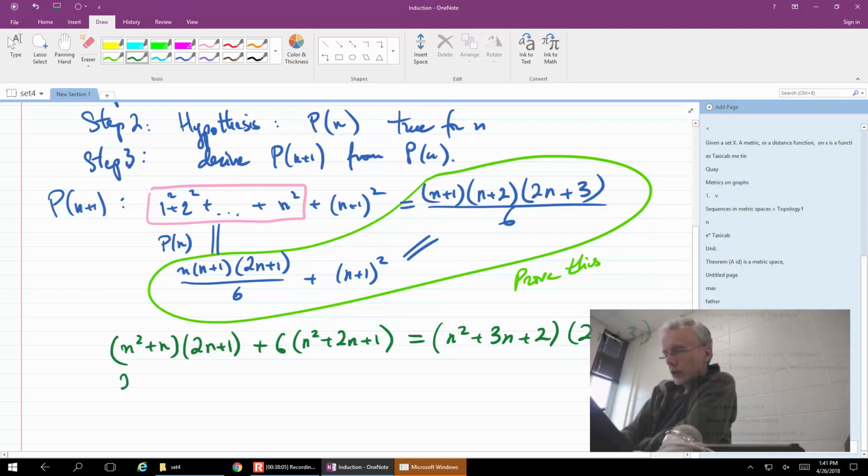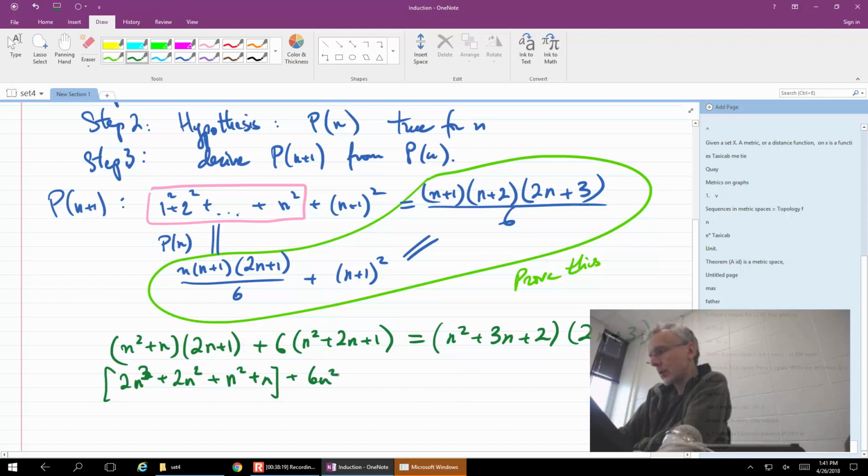So I have 2n cubed, 2n squared, 2n squared plus n squared plus n. Okay, so that's the first term. Over here I have 6n squared plus 12n plus 6. That's the second term. The right-hand side is long, so there are going to be 6 terms.